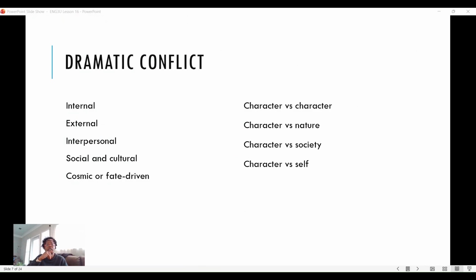When it comes to internal conflict, we're talking about the psychological struggle or moral dilemma in a character's mind. We saw that with Macbeth and how he turmoiled and talked within himself. First of all, he struggled with whether to really go forward with murdering King Duncan to succeed him.